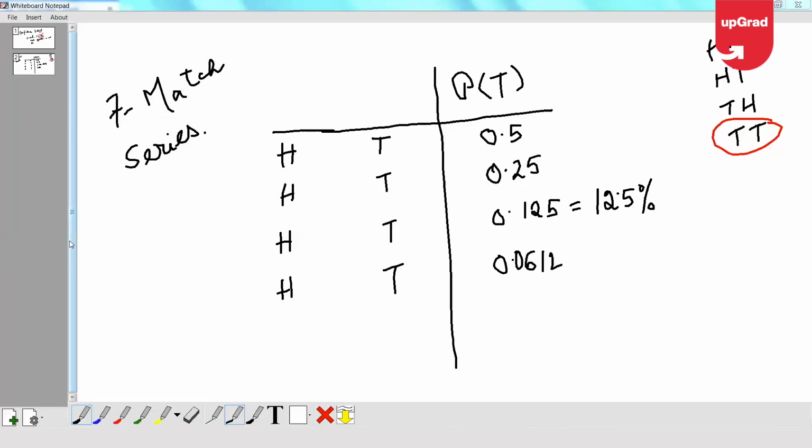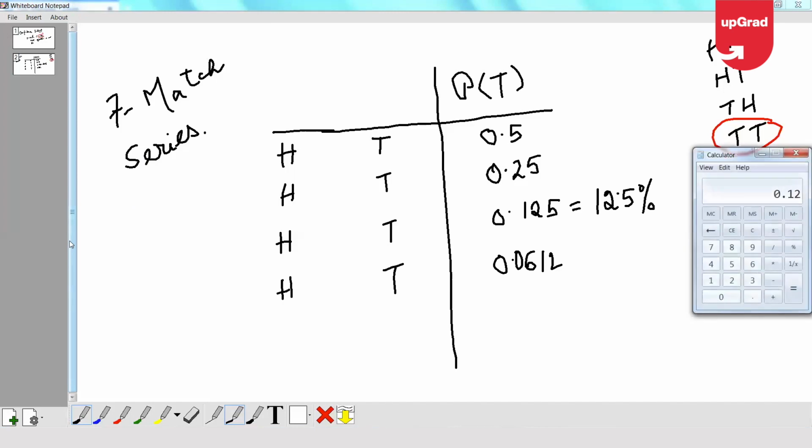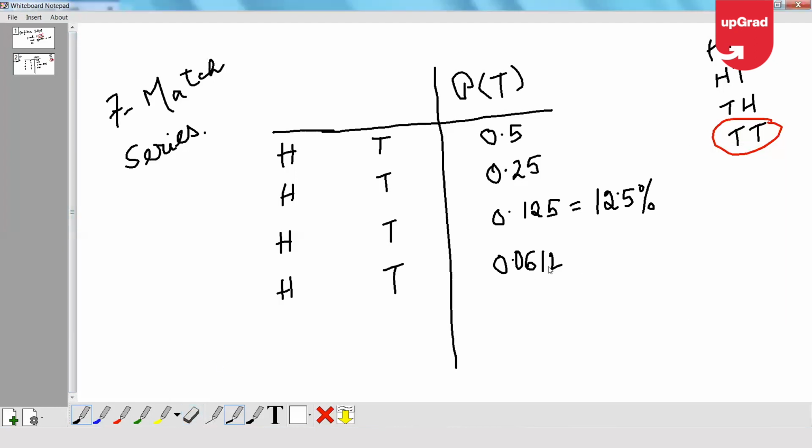Let's just do the simple maths: 0.125 divided by 2 is 0.0625, which is equal to 6.25%.